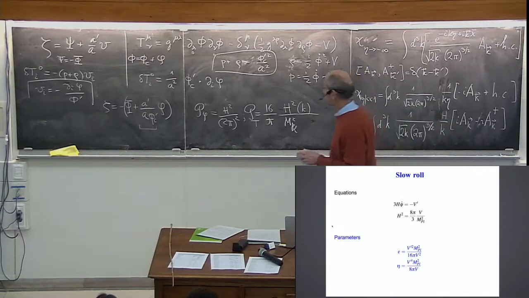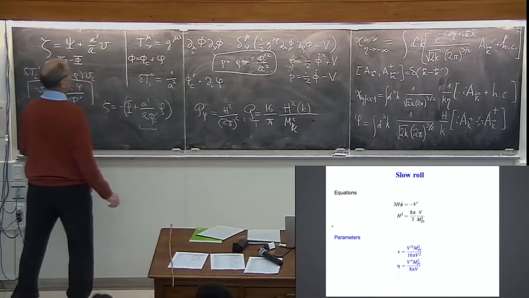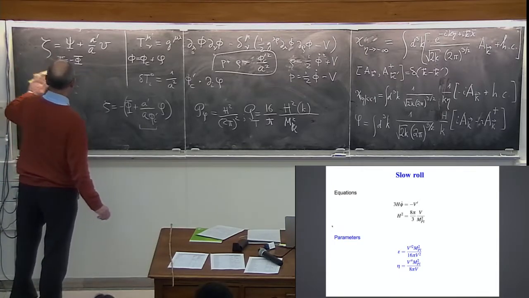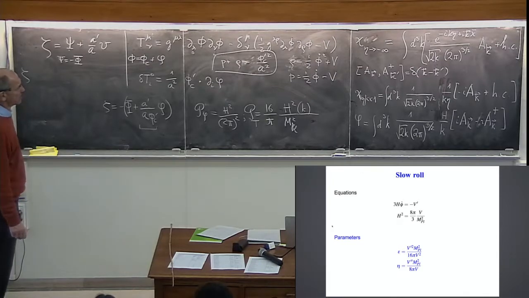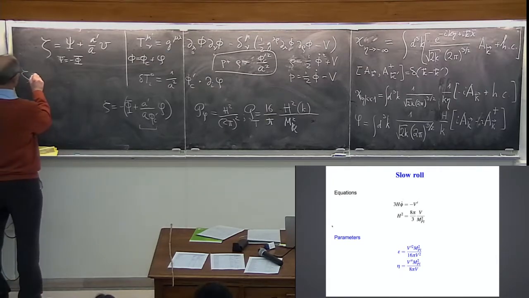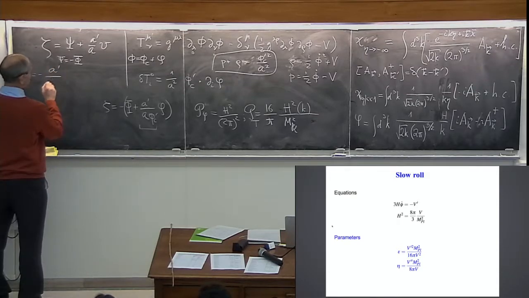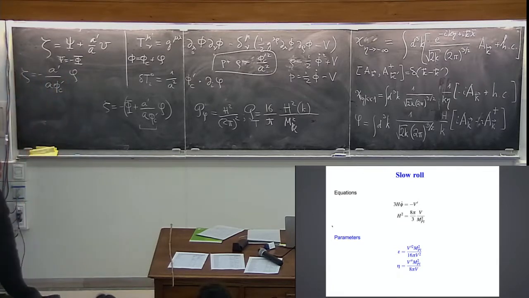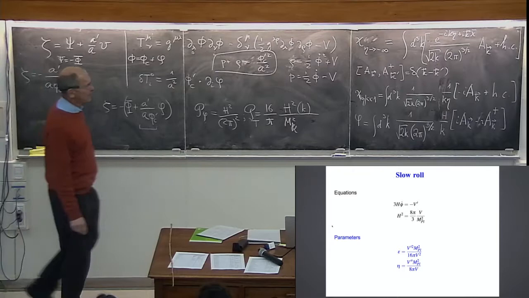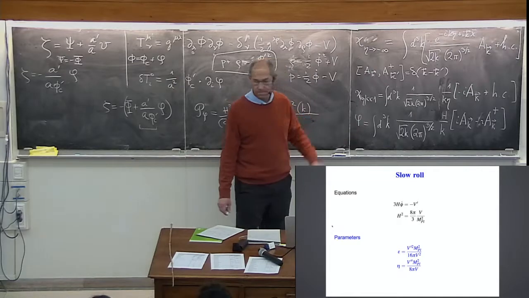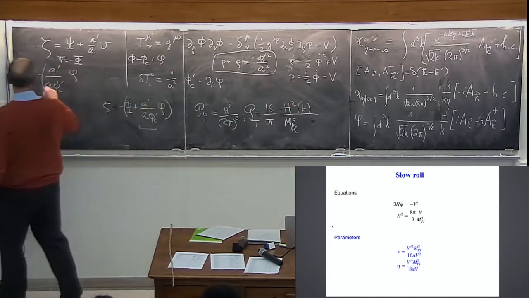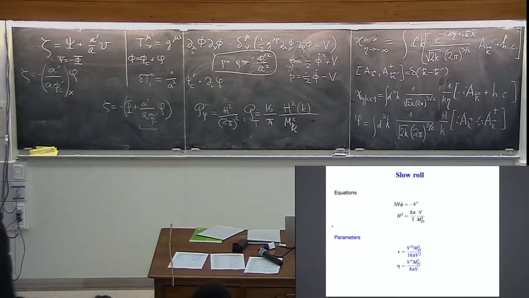So already from here, you can guess that zeta in the superhorizon regime will be equal to, with minus sign, A prime over A over phi C prime times phi, where phi is this guy with nearly constant power spectrum, and this has to be evaluated at the horizon crossing. That's a guess, right, for the time being.